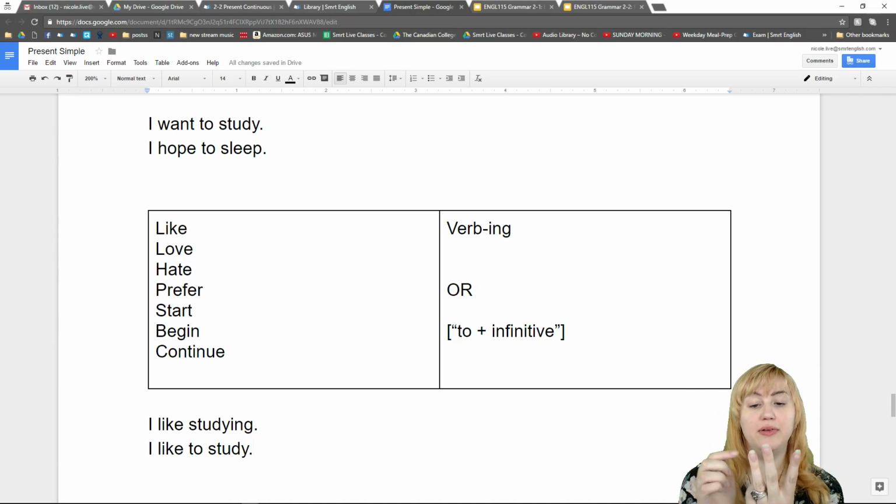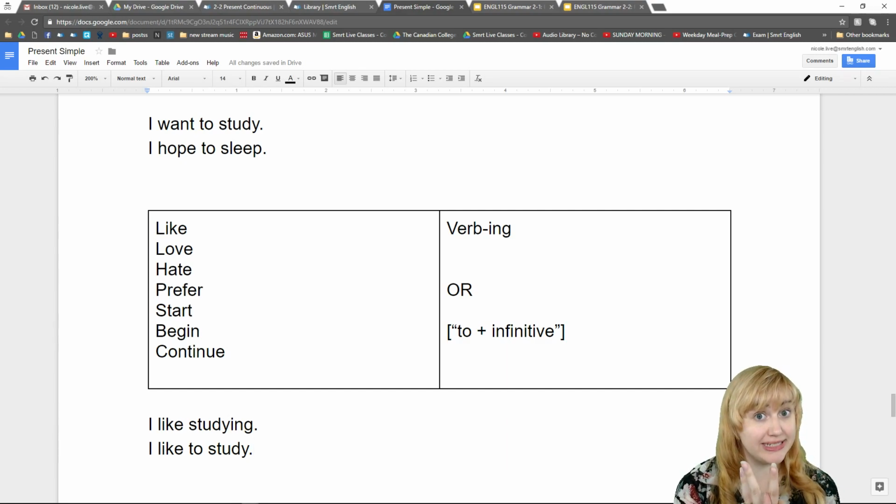We have, for example, eat, ate, eaten. The first word is the infinitive. The second word is our past simple. And our third form is our past participle. The infinitive is what we also call our base verb.